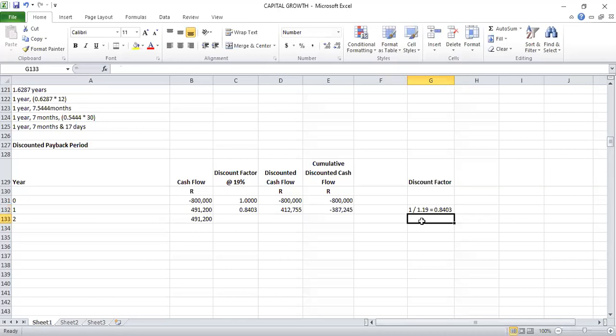In our second year, we'll say 1 divided by 1.19 to the power of 2.